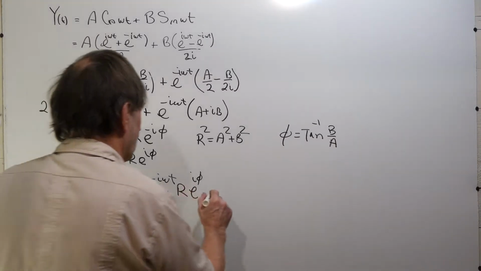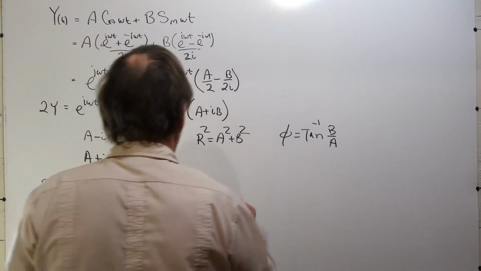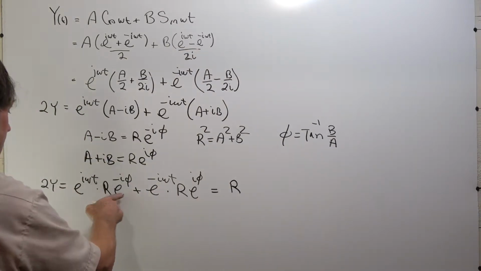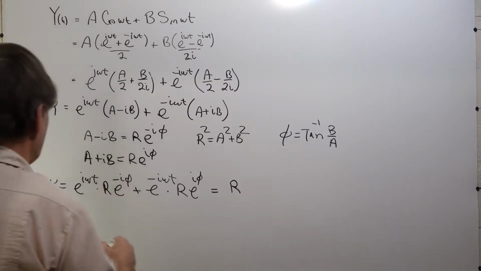Now, I can pull out the magnitude R, and I can combine exponents. We have the same base, so we can combine the exponents.